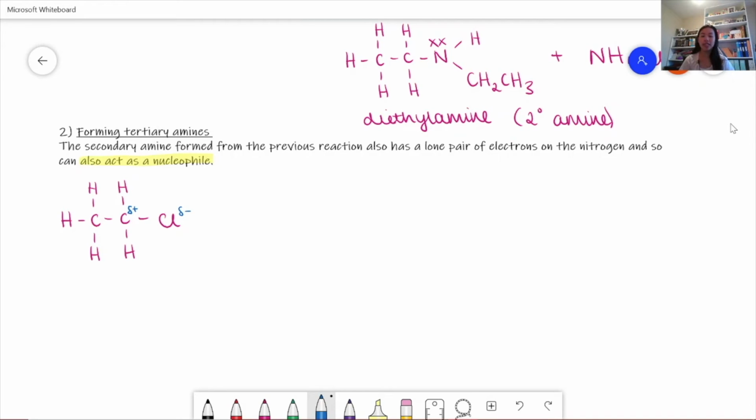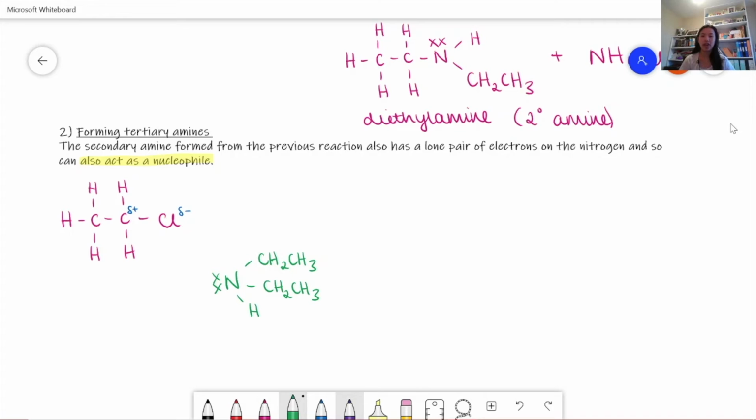And then this time the nucleophile is this diethylamine. So we have a nitrogen with two of these ethyl groups, and then one hydrogen. And the key thing is that we have this lone pair of electrons here.